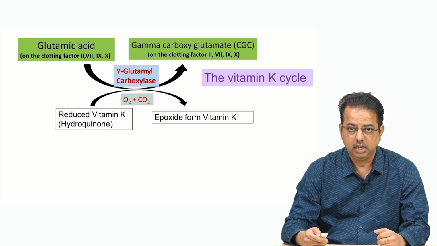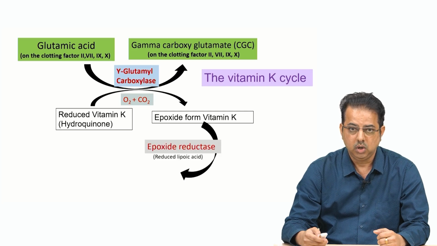in the clotting mechanism. Now, this epoxide form of vitamin K will be converted to the reduced form of vitamin K with the help of two reactions. First, we have the epoxide reductase enzyme, which will convert the epoxide form of vitamin K to the oxidized form of vitamin K, or quinone form of vitamin K. This requires lipoic acid.